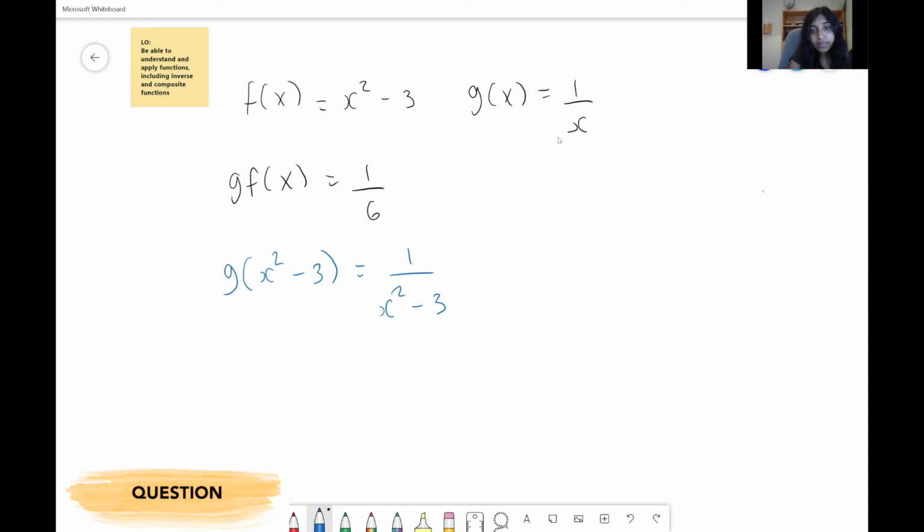And you want that to equal 1 over 6. So now you just want to try and solve this. So you'd have 6 is equal to x squared minus 3. And if you add 3, you'd get 9 is equal to x squared. Then x would just be equal to plus or minus 3. And that would be your answer.